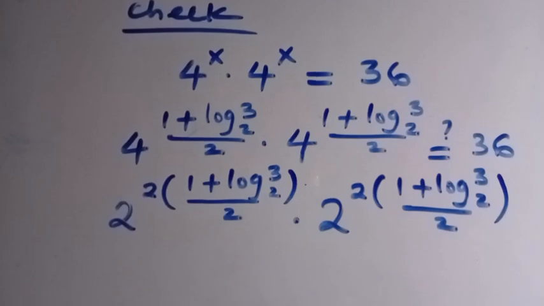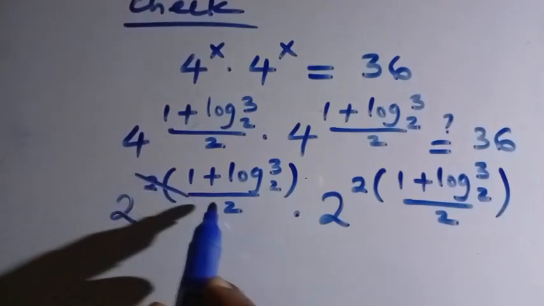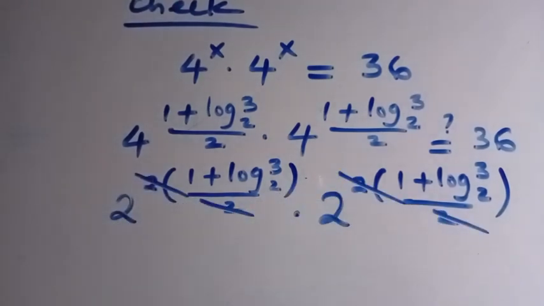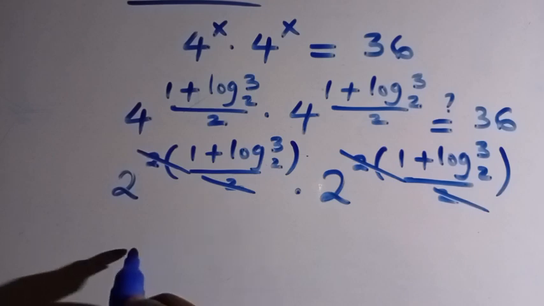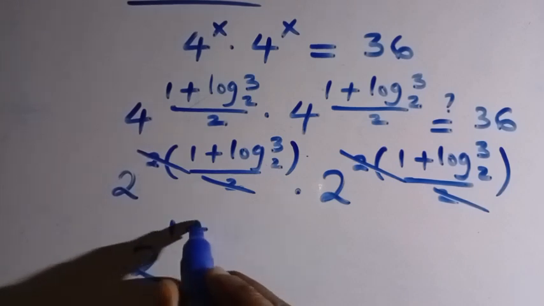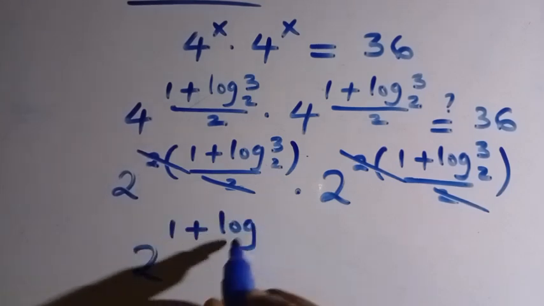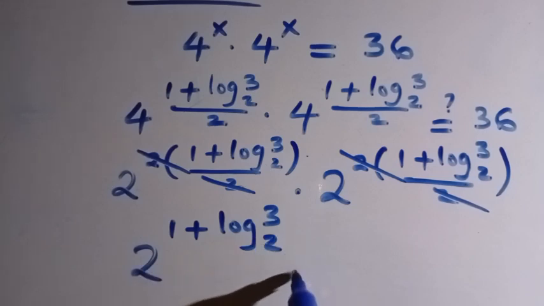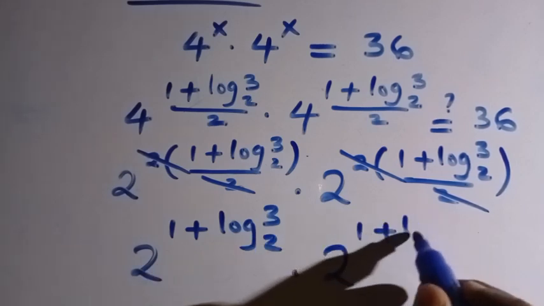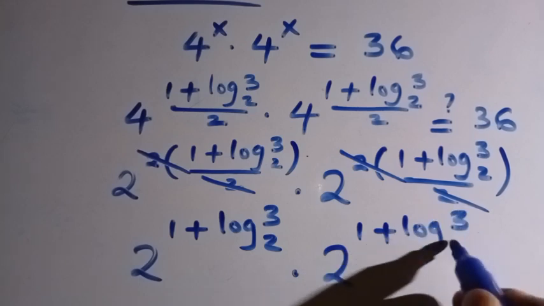To show this equals 36, 2 cancels 2 here and 2 also cancels 2. Then we have 2 raised to power of 1 plus log 3 base 2 multiplied by 2 raised to power of 1 plus log 3 base 2.